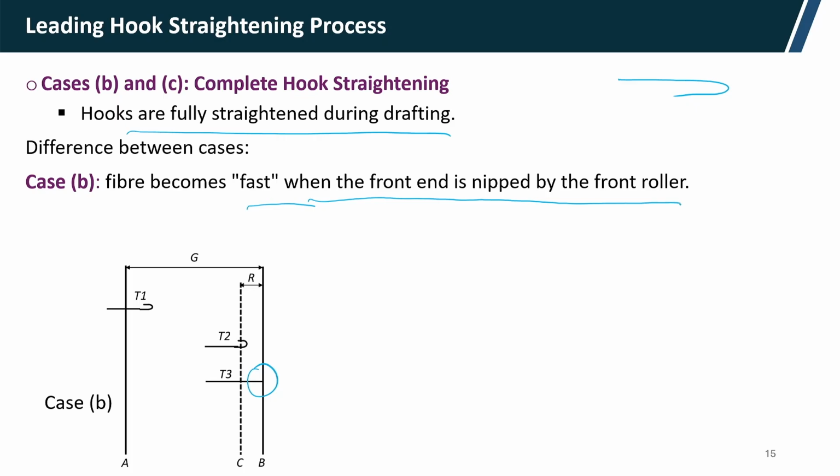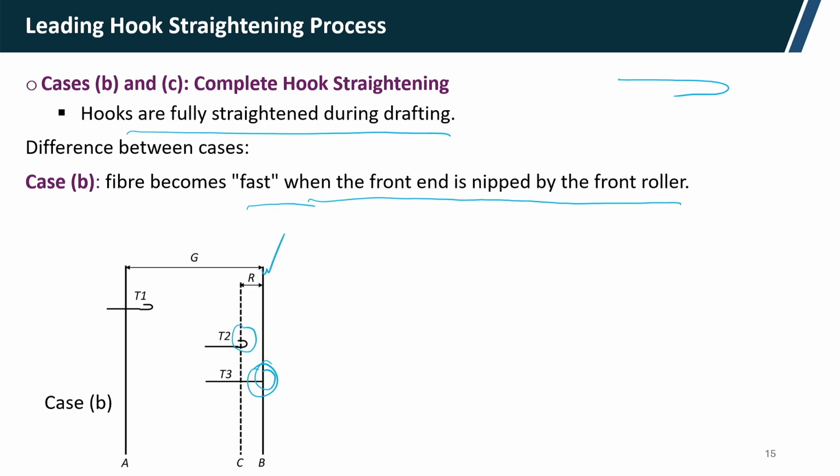Although straightening is taking place, the body part will start moving at the front roller speed when the leading end reaches the front roller nip.